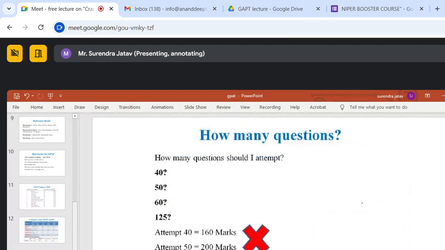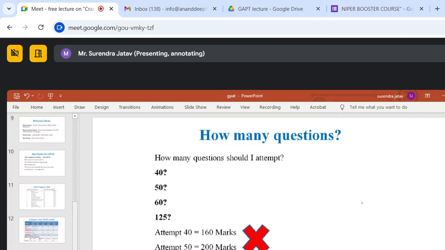So how can you plan how many questions you need to attend for qualifying? If you attend 40 questions out of 125, at 4 marks each, that is 160 marks. And if you attend 50 questions correctly, that is 200 marks. With that many marks you can even qualify.